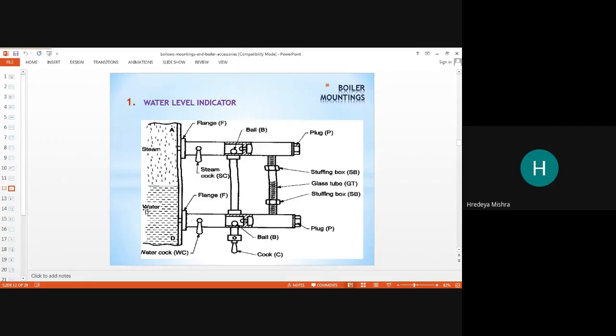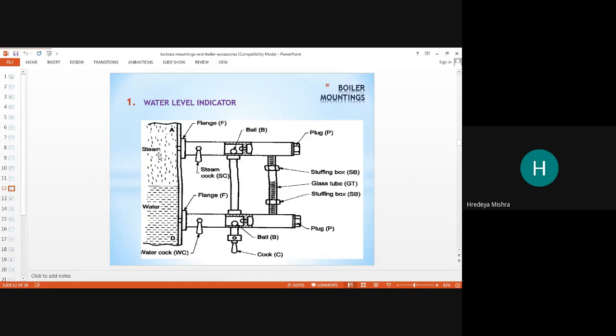What happens is that water is converting to steam, which is stored in the upper portion, and the water supply shows here.